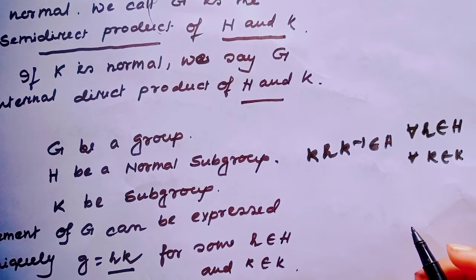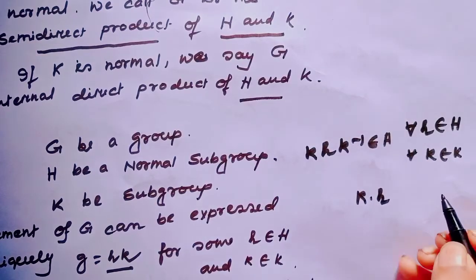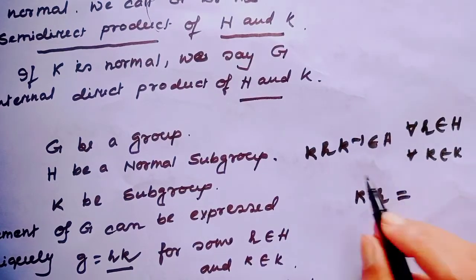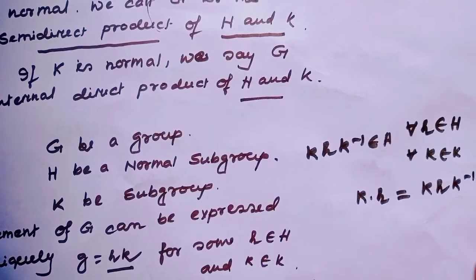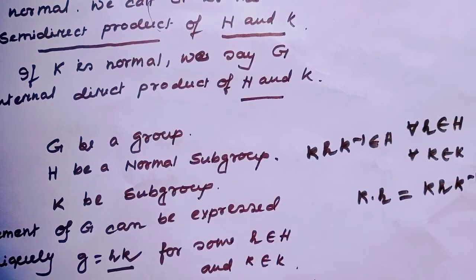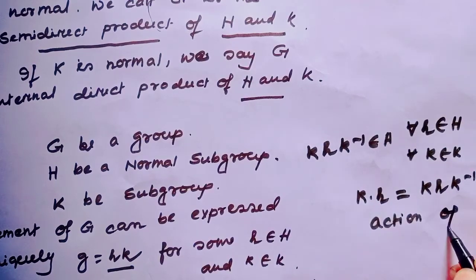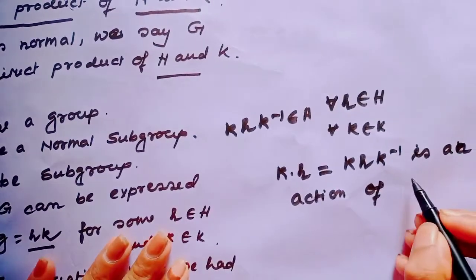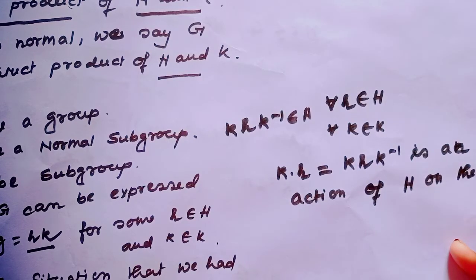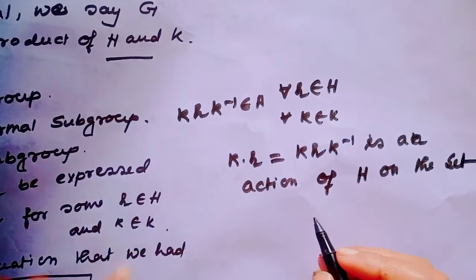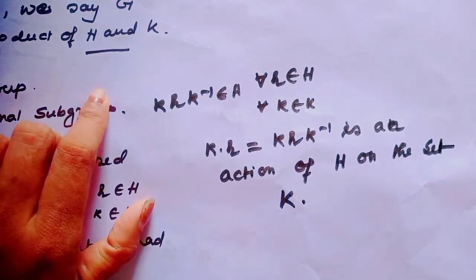Then we can define an action of K on H, and this is equal to the conjugation k h k inverse. This is an action of the group capital K on the set capital H. Okay?